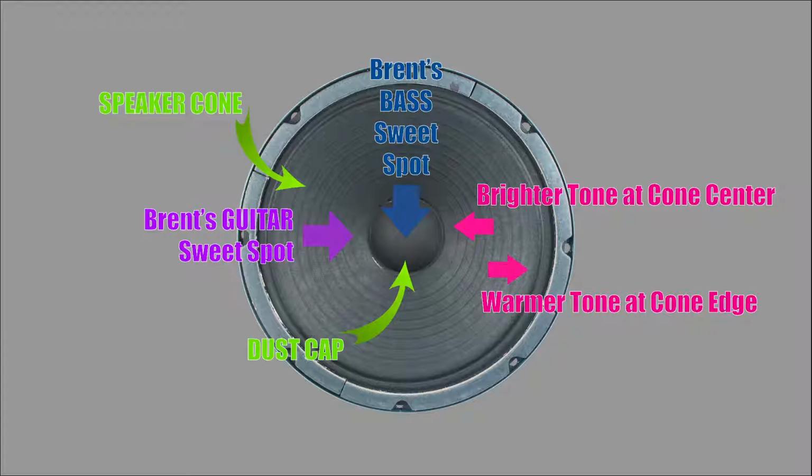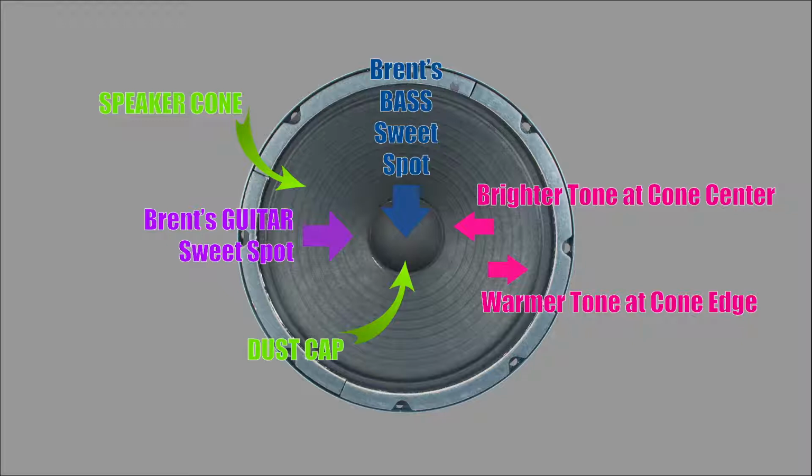Now, obviously, with me having 2 mics, one is going to be a little bit closer than the other to the center, and it's going to be a little bit brighter. And so this is a thing that I think about when I'm placing them, and I usually decide which one I want to be closer to the center so that it can be the brighter of the microphones.